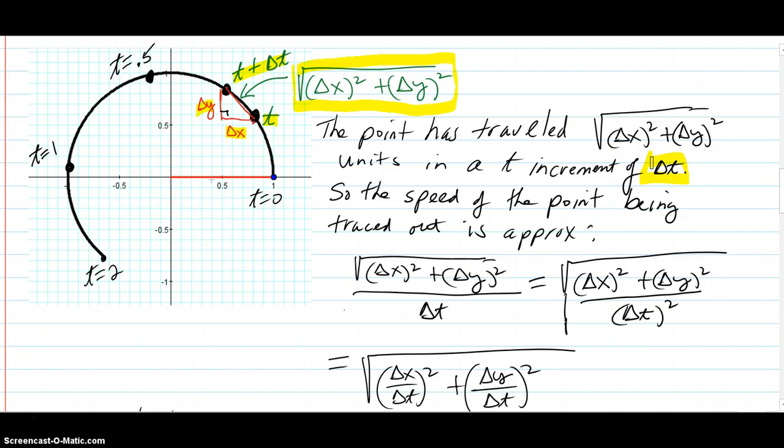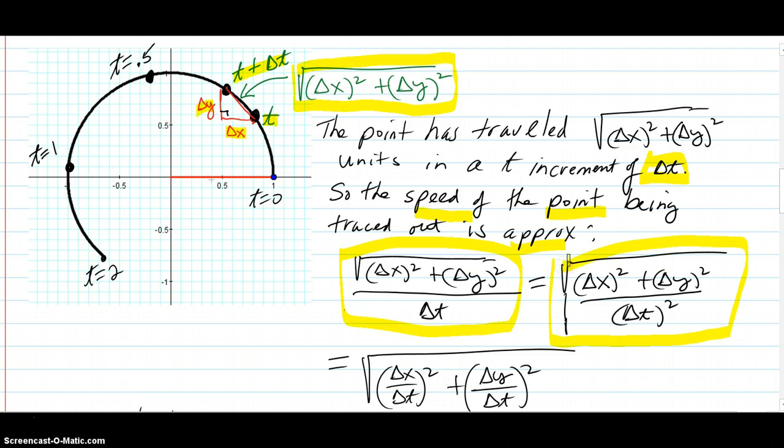So here is the distance traveled on the path, and you're doing that in a delta t time increment. So the speed of the point being traced out is approximately this ratio of the distance over the increment in the t parameter. Then you can do a little algebra, square the delta t and move it underneath the radical. That's fine.